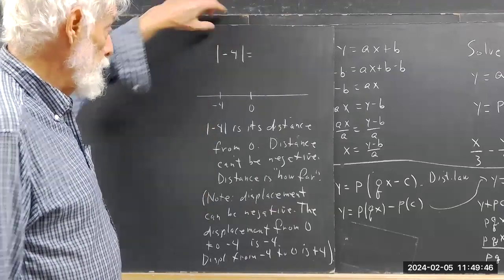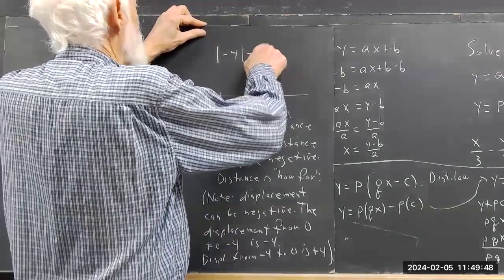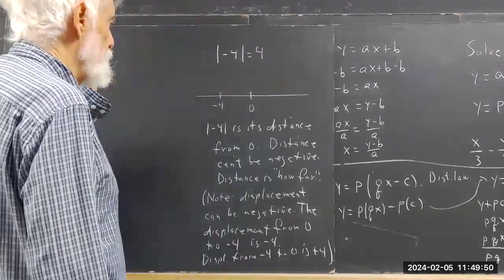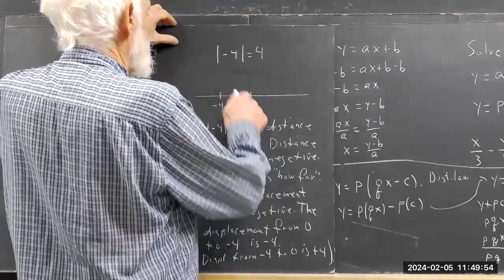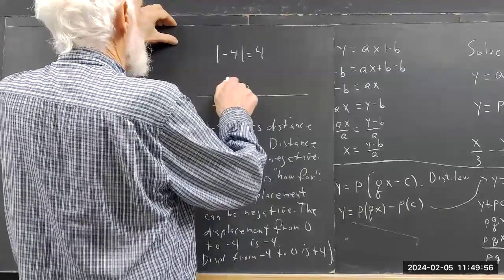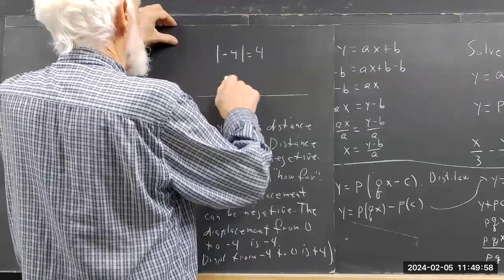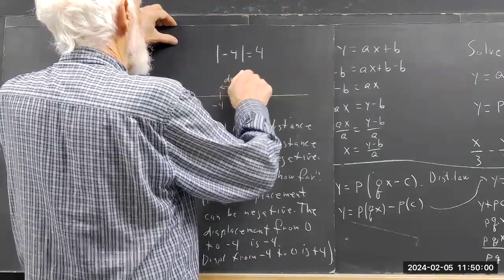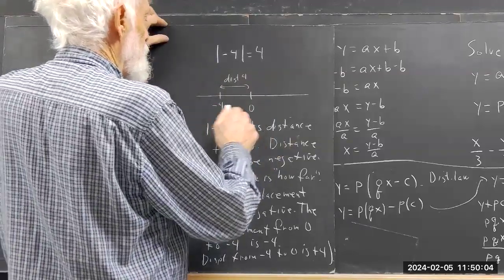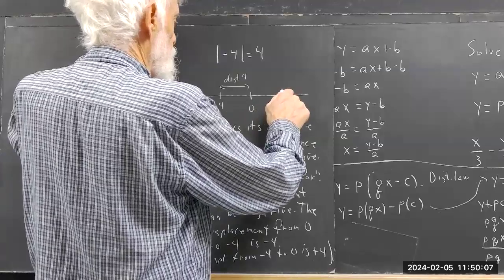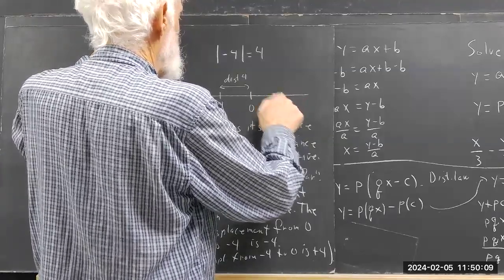The absolute value of -4 then is 4. Okay, and the absolute value of 4. And let's complete the thing. The distance between -4 and 0 is 4.